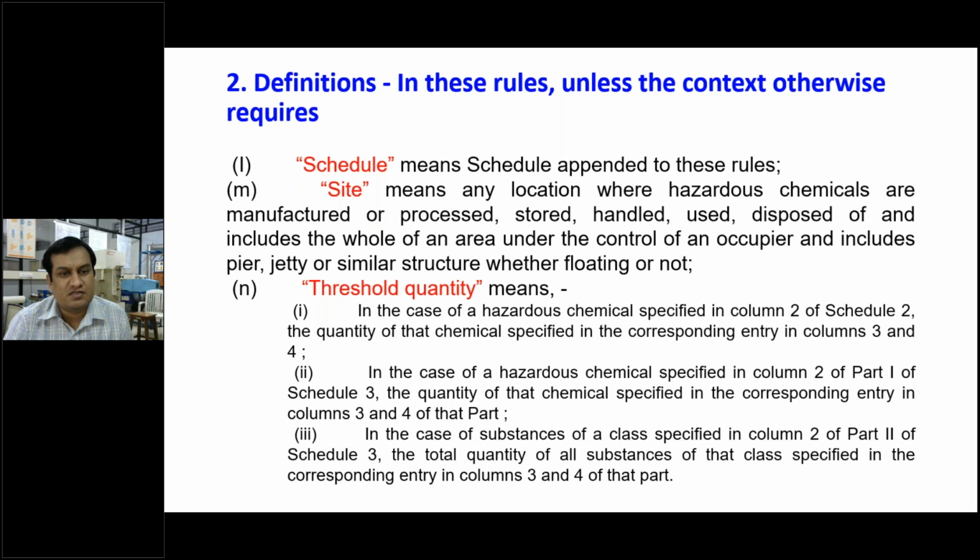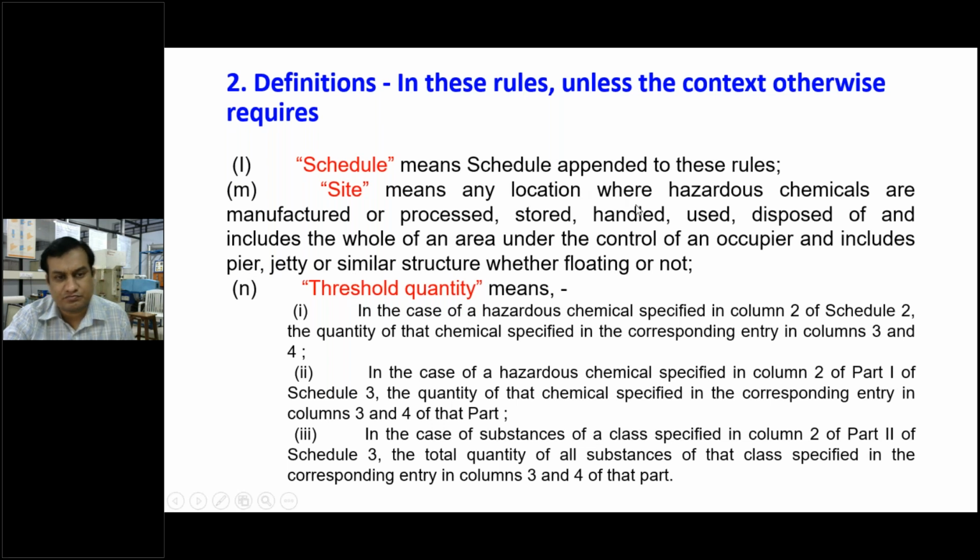Then site. Site means any location where hazardous chemicals are manufactured, processed, stored, handled, used or disposed of, and includes the whole of an area under the control of an occupier and includes a pier, jetty, or similar structure whether floating or not.